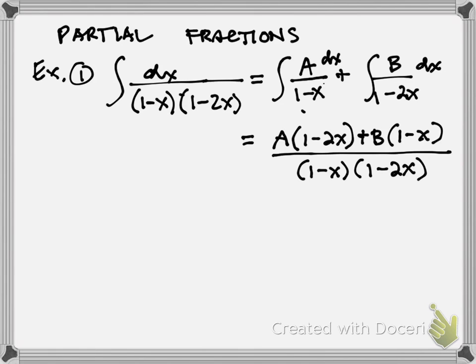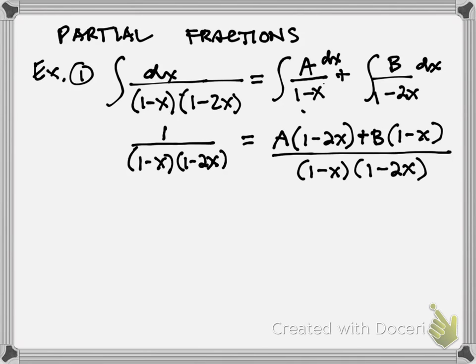Okay, the other side will just be 1 over (1 minus x)(1 minus 2x). You might say, oh, why did the integral signs disappear? It's because it's easier to deal with instead of writing it every single time. So we're just gonna write it at the end when we get the values of a and b.